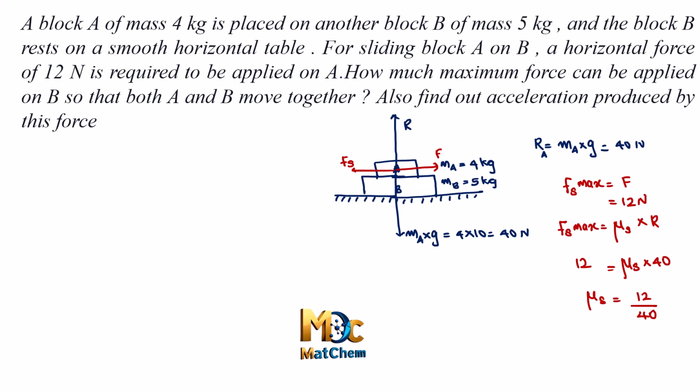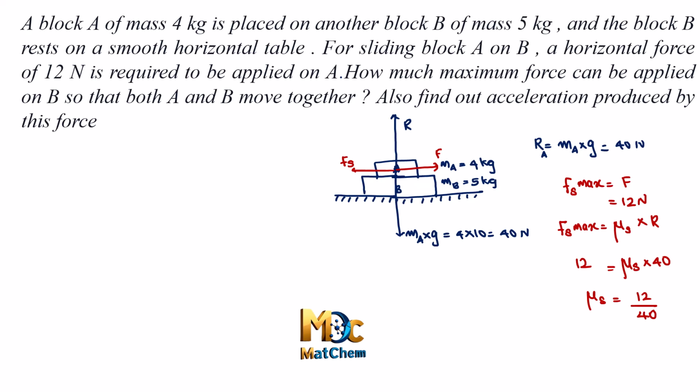Now what we are doing, we are trying to move both A and B together. That means A does not slide over the B, both are moving together. That means the acceleration at which A moves as well as the acceleration at which B moves should be the same.